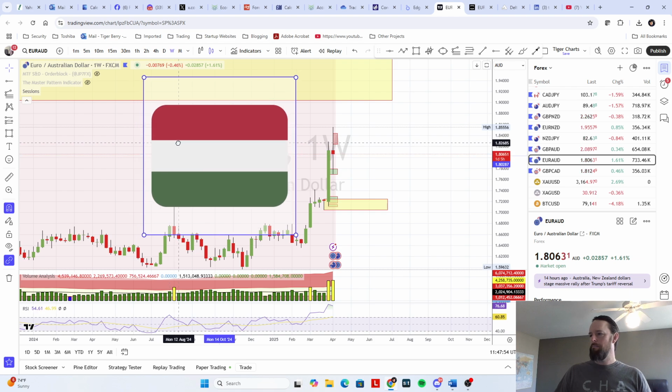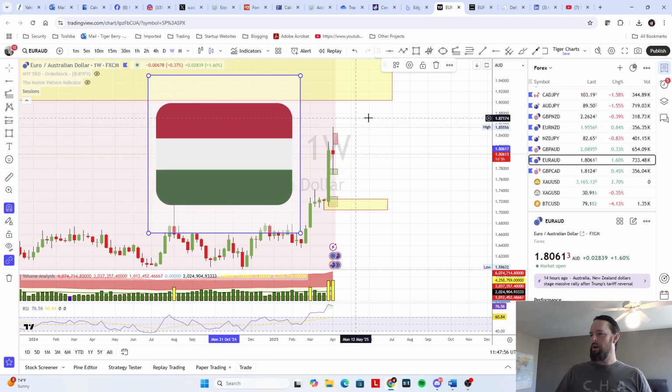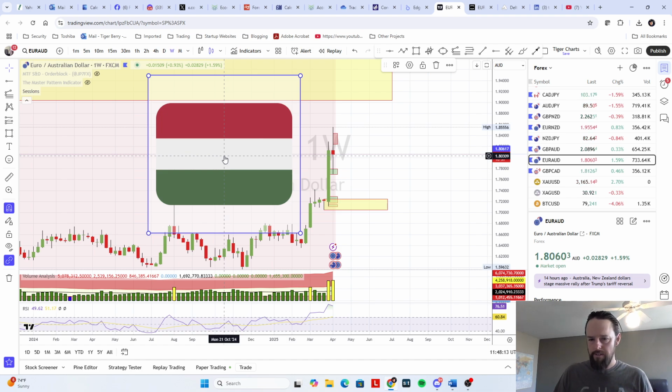I only want to sell in the red area. I only want to buy in the low area. Okay, low on the curve, high on the curve. The Hungarian flag is a perfect example, okay, of what to do on the highest time frame. And then again, the white space, don't diddle in the middle.